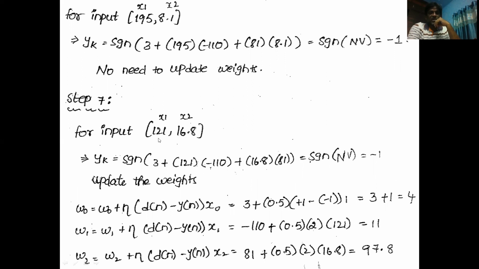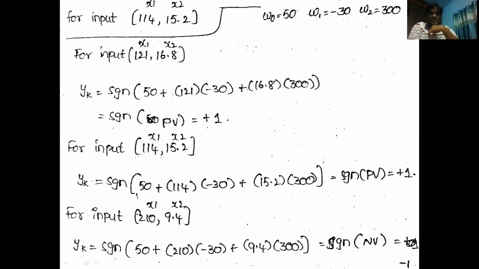Since the weights were updated, now it is 121 comma 16.8. Now it is -1, wrongly classified. Update the weights. The new weights are 4, 11, 97.8.